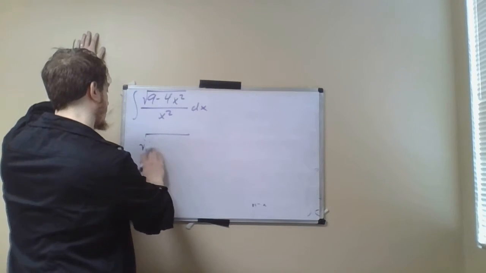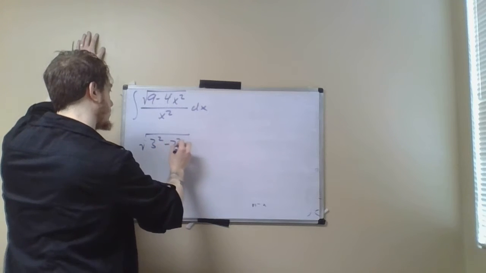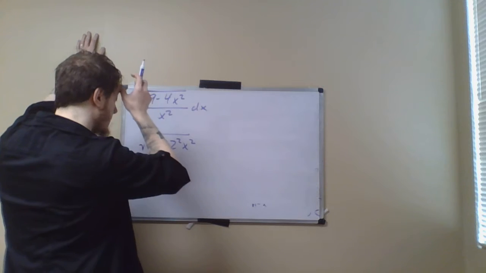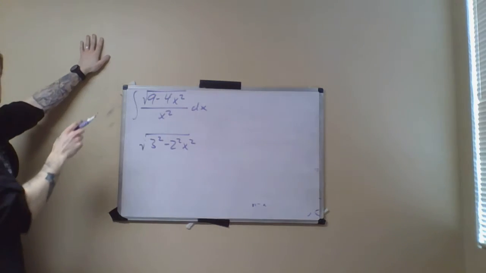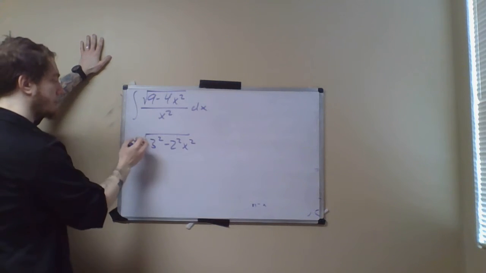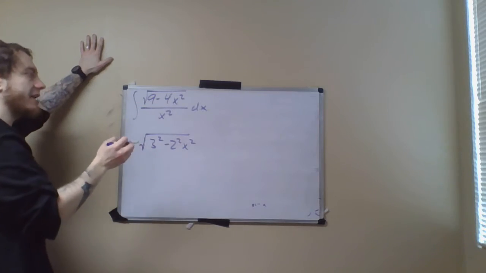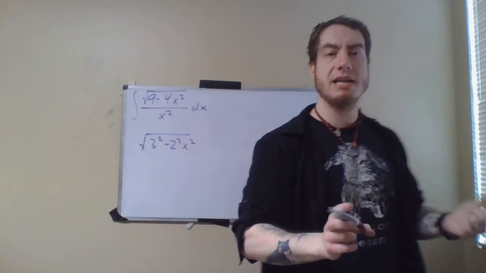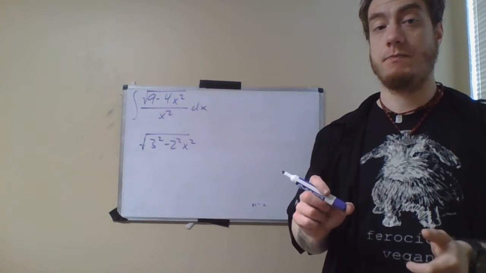Well, actually, first of all, let me rewrite it like this. Let's write this as 3 squared minus 2 squared x squared. And then, I'm only rewriting this square root here for the moment, by the way. I'm just going to show you how I can rewrite the inside. Because what I would like to do is get this up to 1 minus something squared.